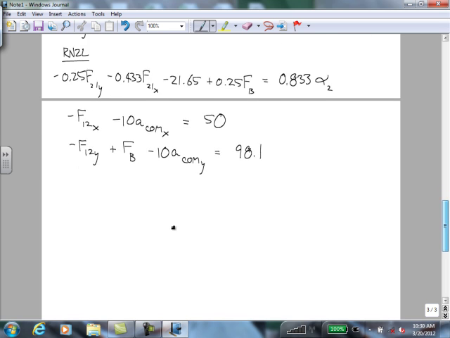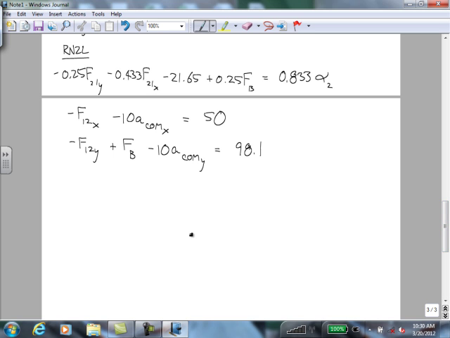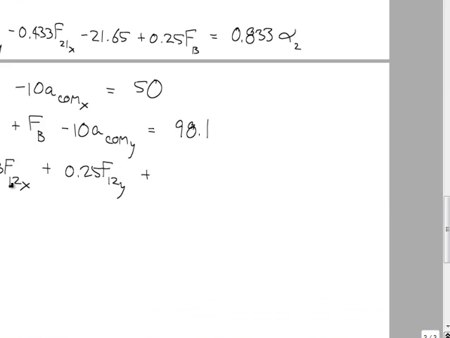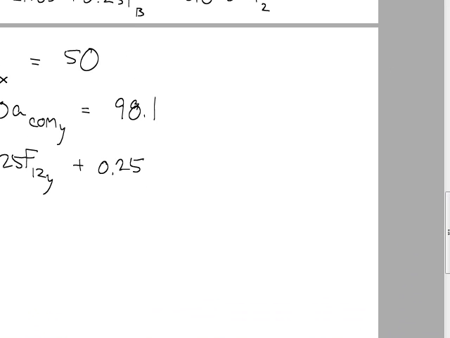And the last equation says, I'm going to reorder these, positive 0.433 F12x plus 0.25 F12y plus 0.25 FB minus 0.833 alpha 2 is equal to 21.65.